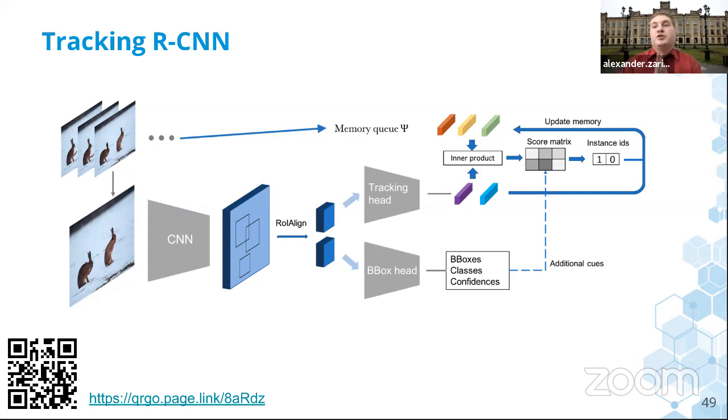We are already computing deep features in our RCNN to predict locations and scores of our classes. So we can simply reuse these features cropped by the RoIAlign algorithm to predict embeddings.